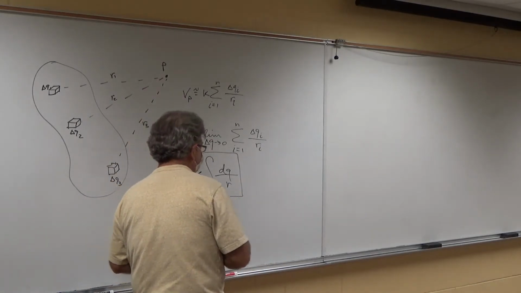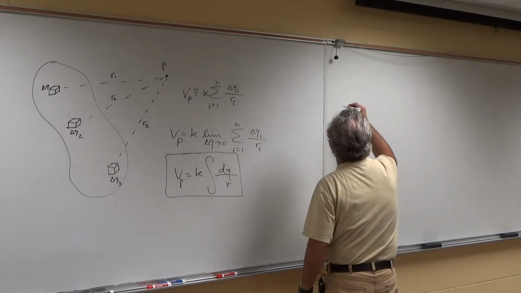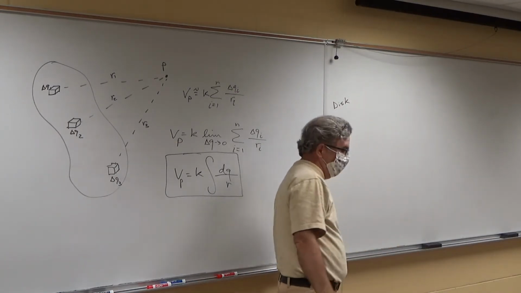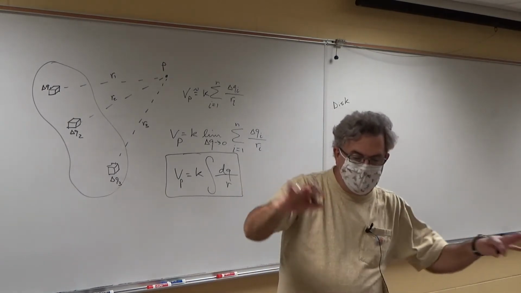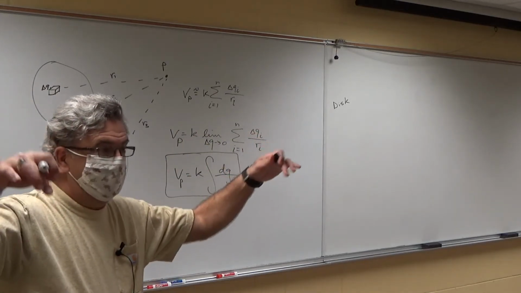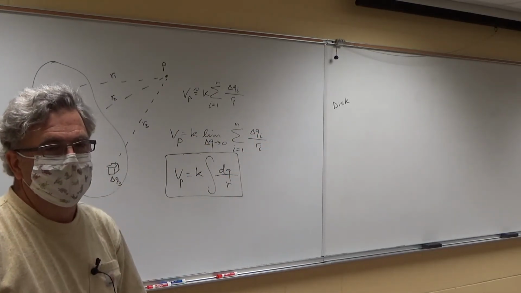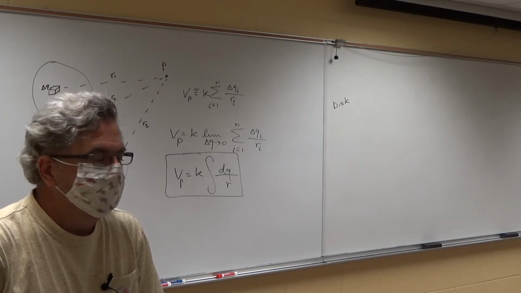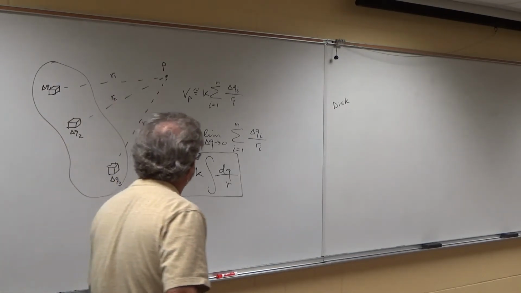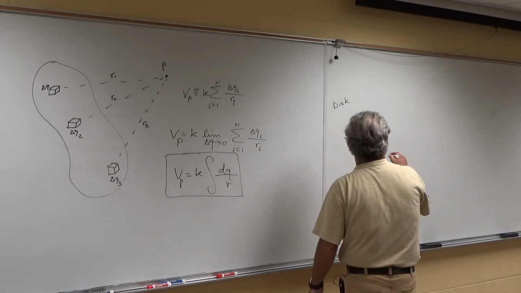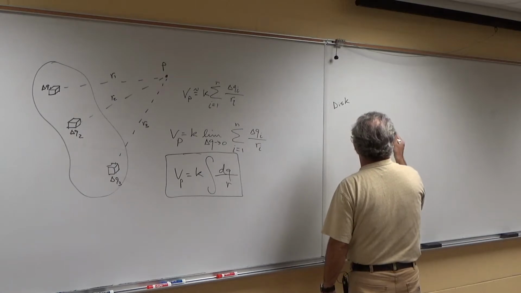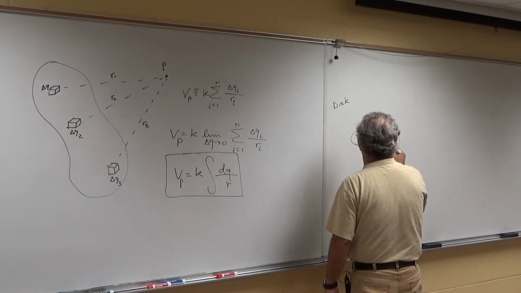So, let's look at the disk. We can do a disk, a ring, a plane. Plane's difficult, but a rectangular plane, that's not easy. A disk is pretty easy. So here is a disk of radius r.